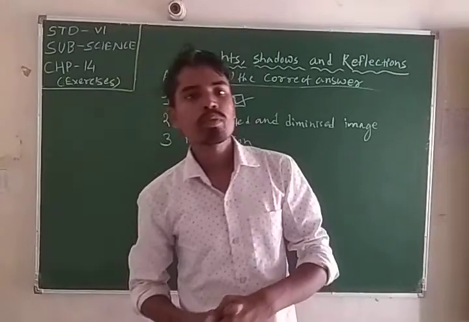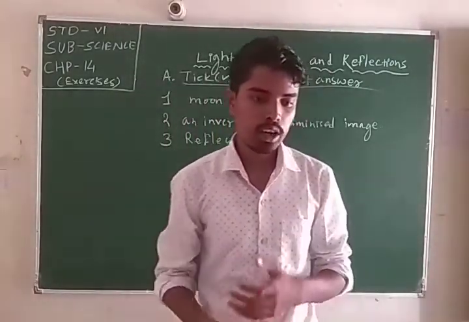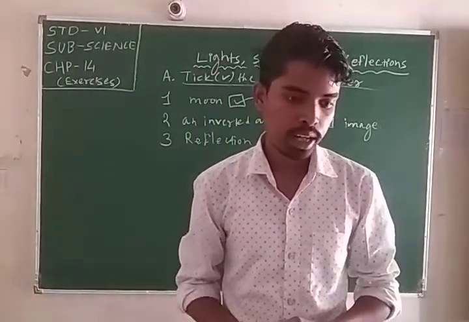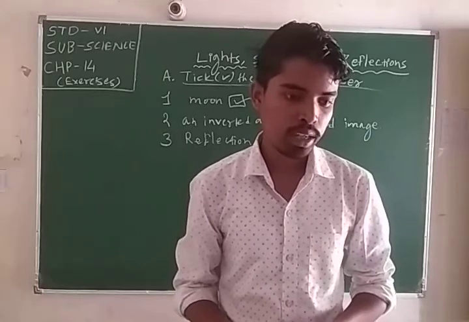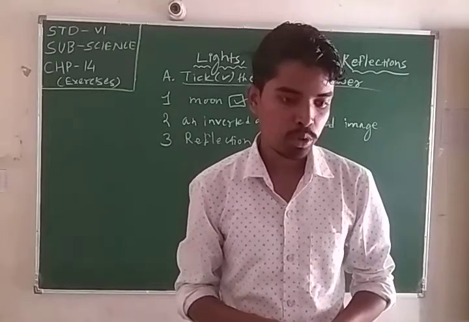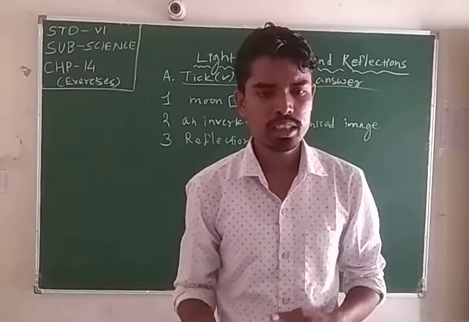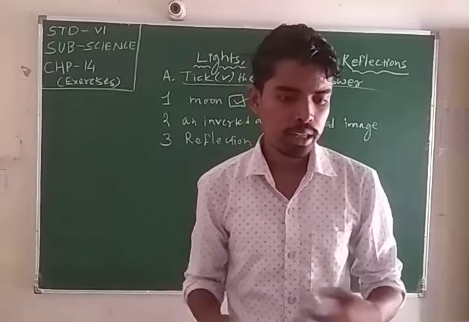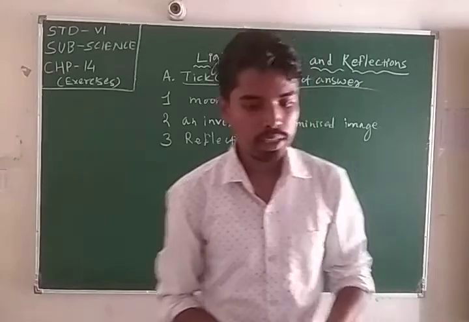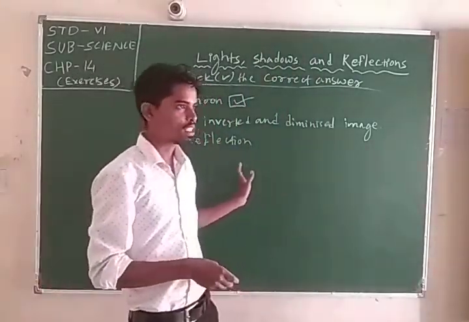To produce a shadow we need three things. A mirror is not essential. We need a light source, an opaque object and also a screen.